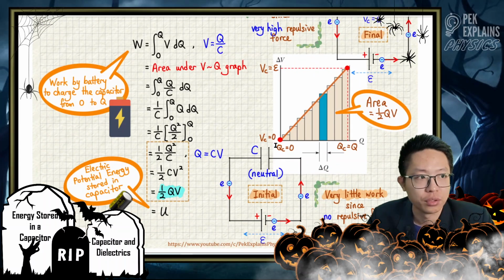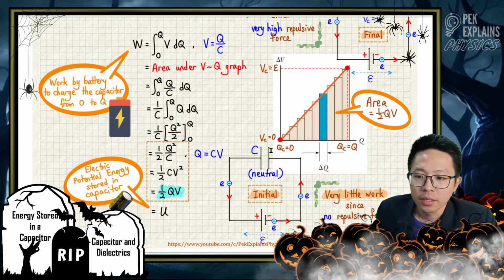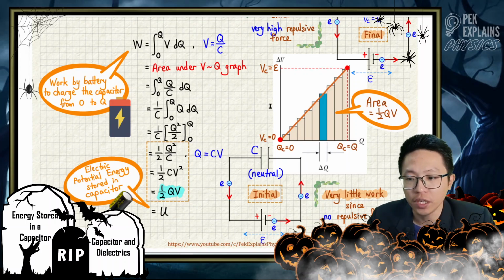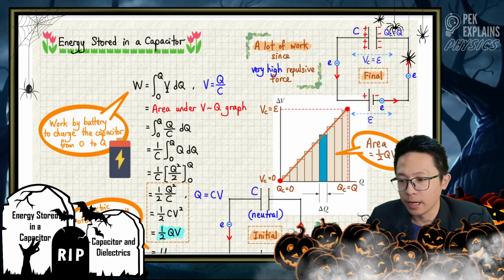The charge also goes from zero: the battery has charged the capacitor from zero charge to maximum charge Q. So V is increasing and Q is increasing. Let's look back to the formula.